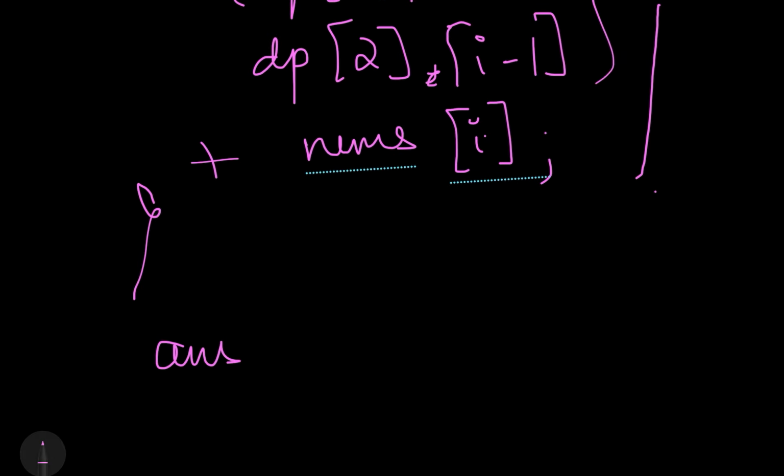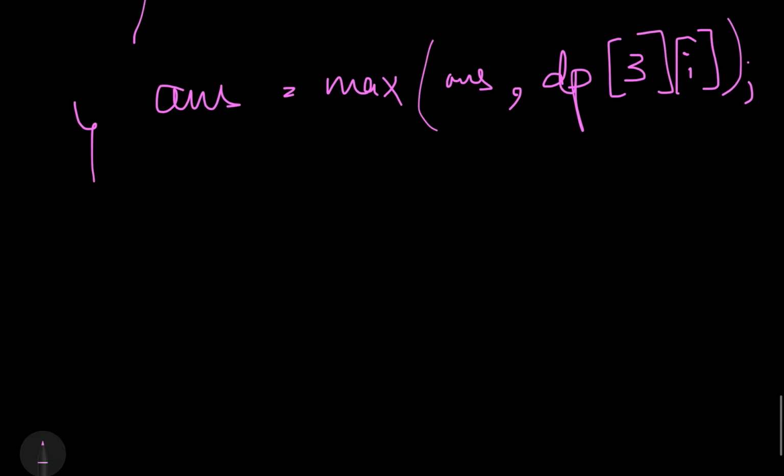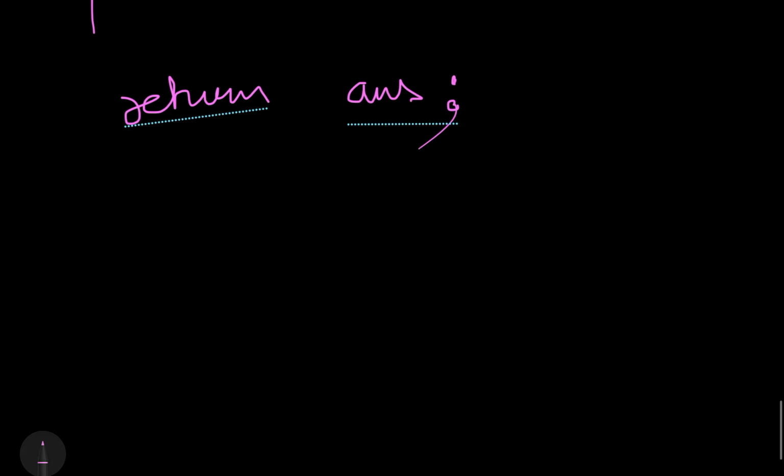And at last we'll update our answer, which is the max of answer and our dp of 3, I. And finally we'll return our answer. So this was how we solved this problem.